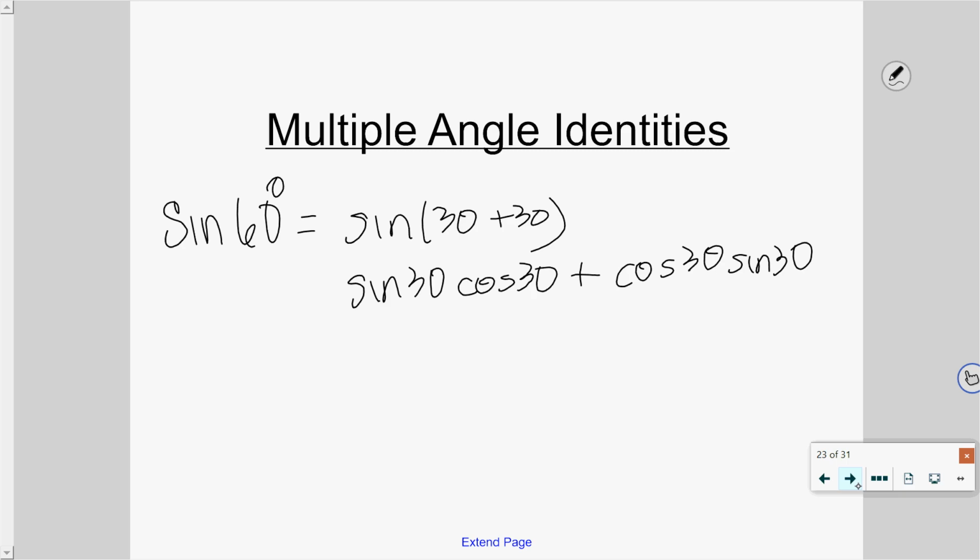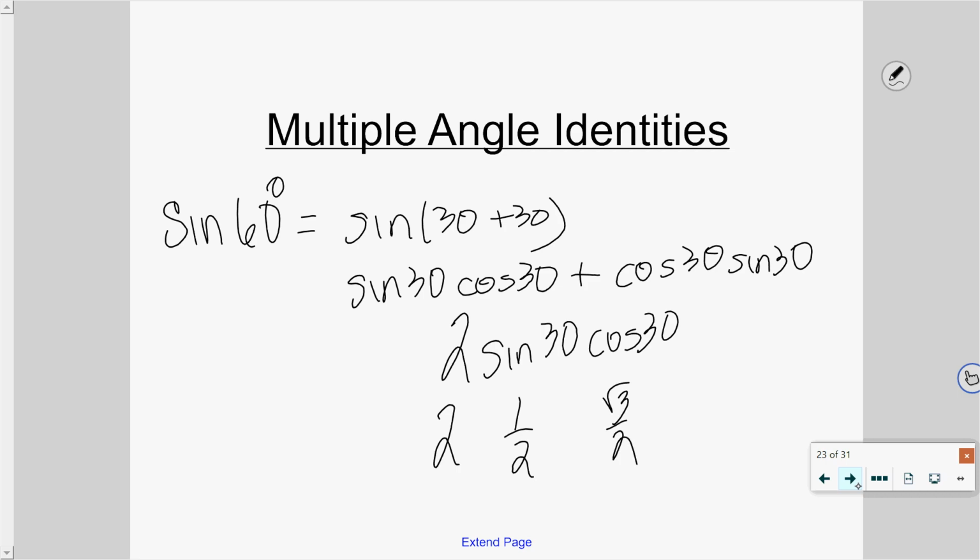So I could put them together and do 2 sine of 30 cosine of 30. Sine of 30 is a half, cosine of 30 is rad 3 over 2. I would just get rad 3 over 2. I know I'm correct because 60 is a unit circle angle.